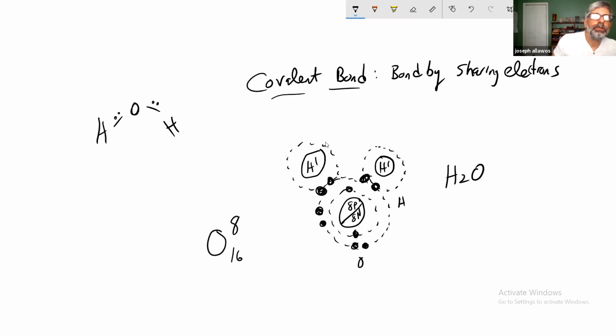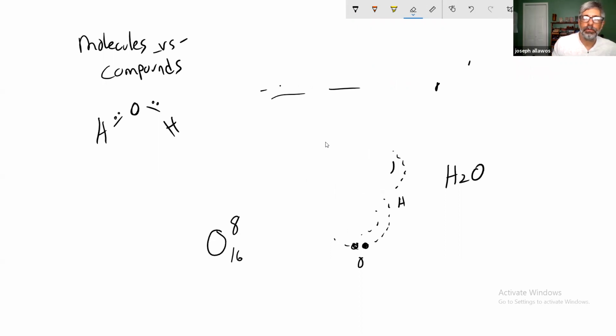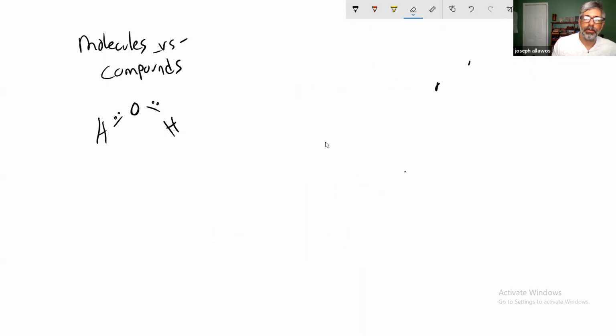Now, quickly, before we move on into hydrogen bonds, molecules versus compounds. And what's the difference, right? Well, turns out that a molecule is simply two atoms stuck together.